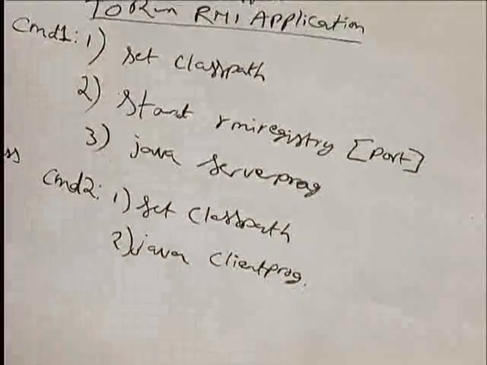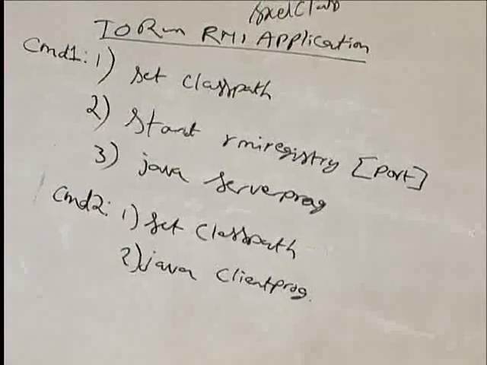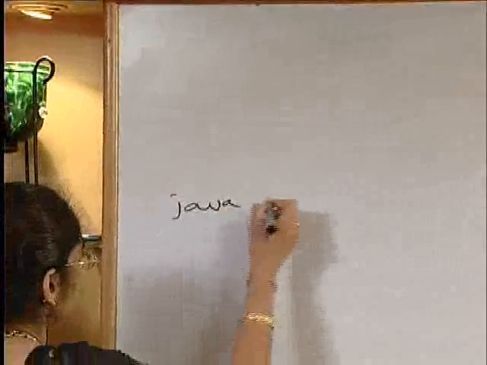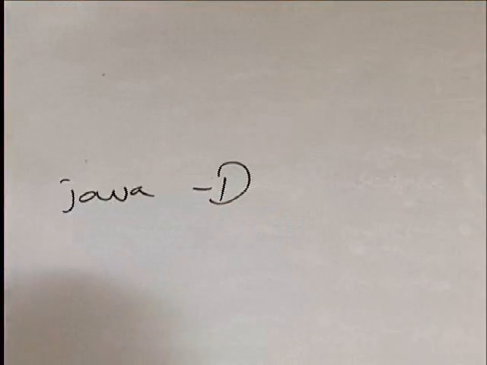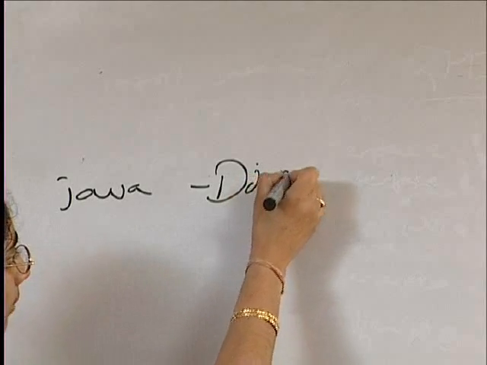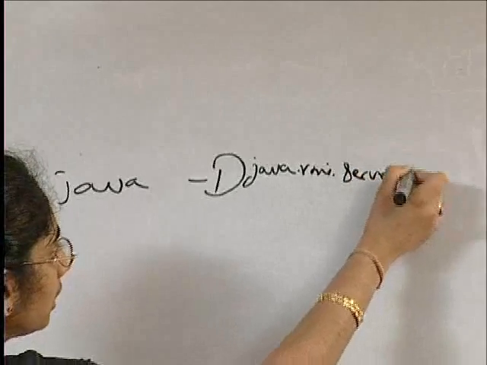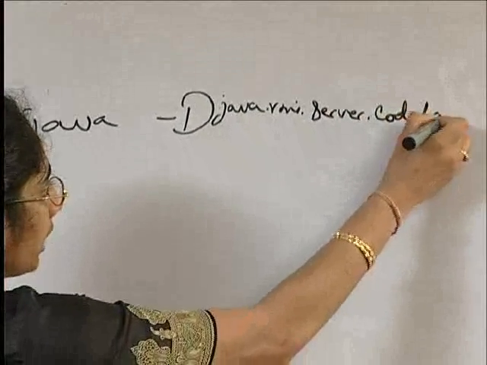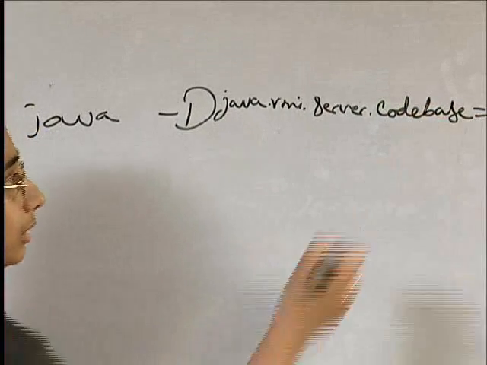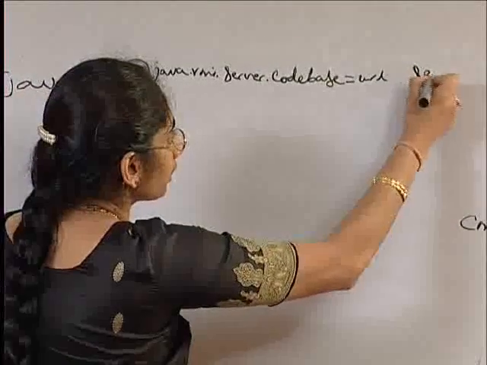So when running the server program, what you do is say java -D, do not give any space after capital D, just say java -Djava.rmi.server.codebase=the URL, followed by the server program.